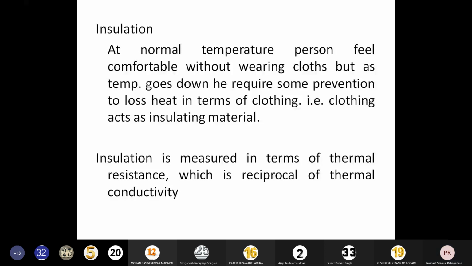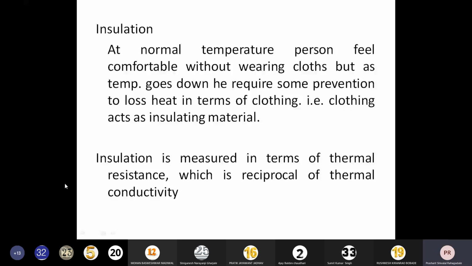Okay, and you will find that the air here will first act as a very high resistance to heat conduction. एयर ही पहले एज ए रेजिस्टेंस हमारा काम करता है, लेकिन हम यहाँ क्लॉथिंग की बात कर रहे हैं.